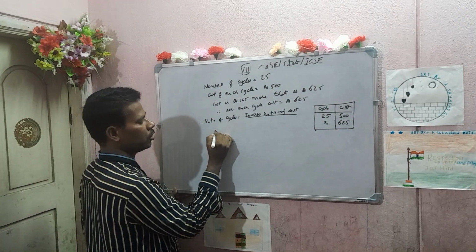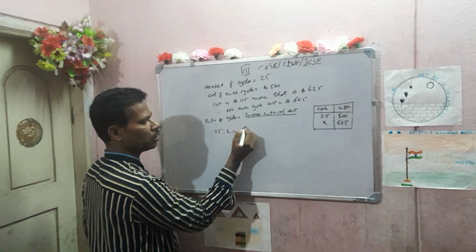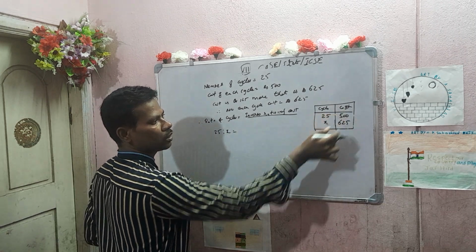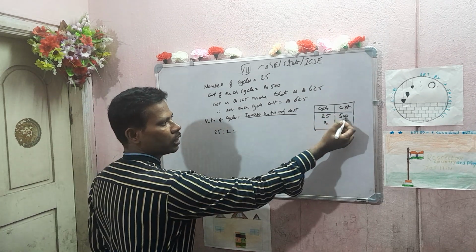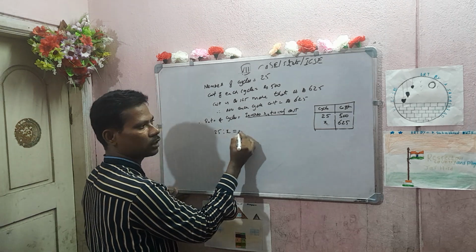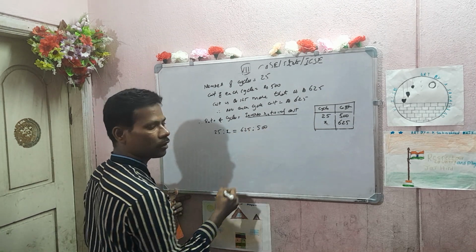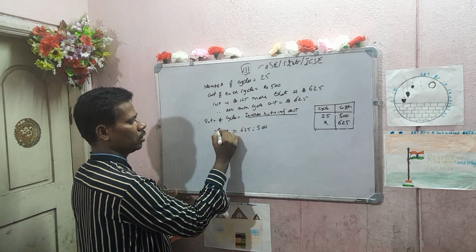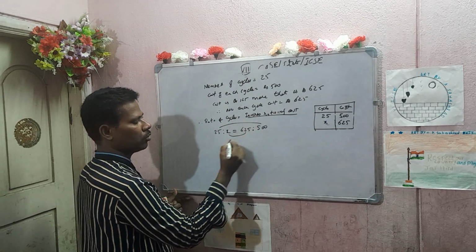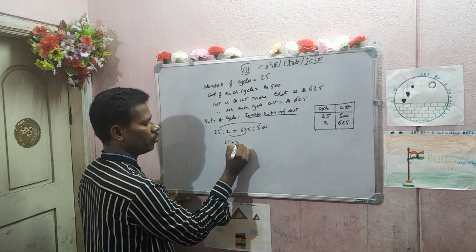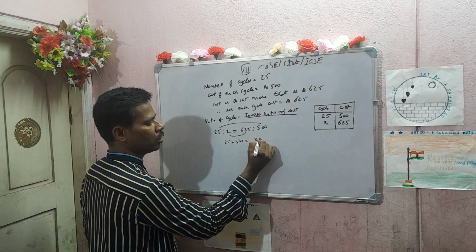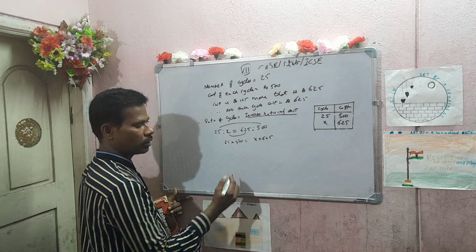The ratio of cycles 25:x is equal to the inverse ratio of cost. Take the inverse ratio, don't take direct. Inverse, that means 625 is to 500. Product of means is equal to product of extremes. 25 into 500 is equal to x into 625.